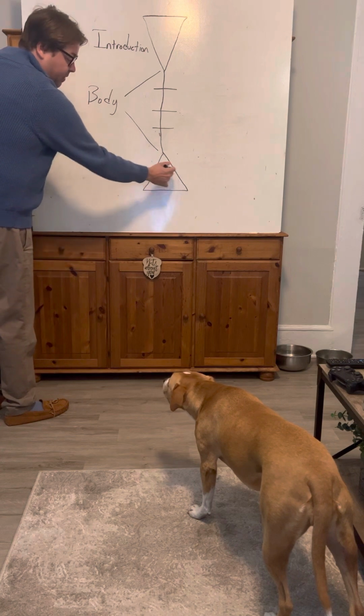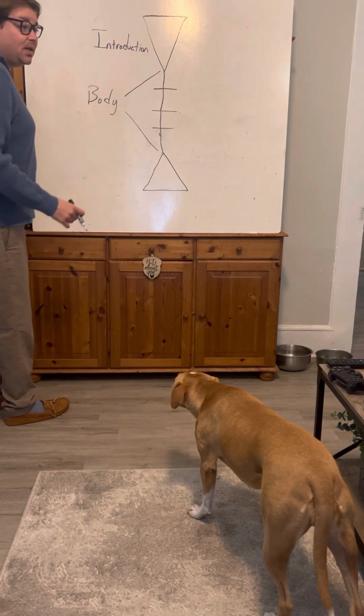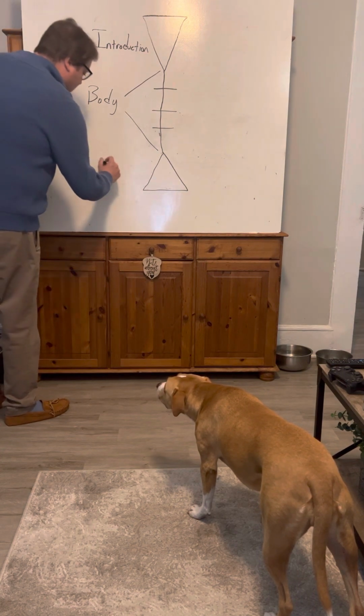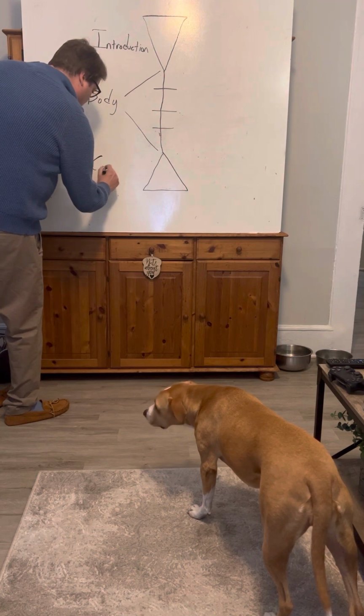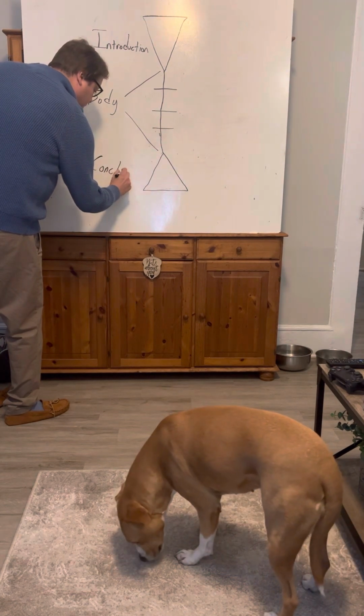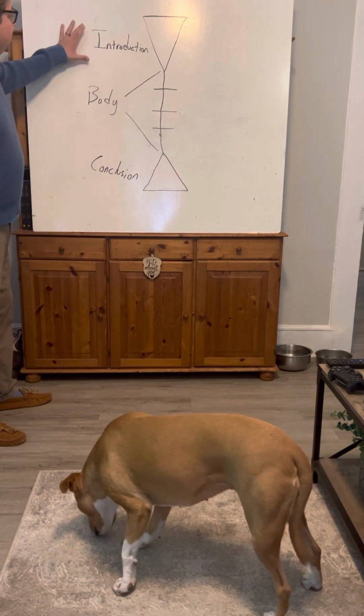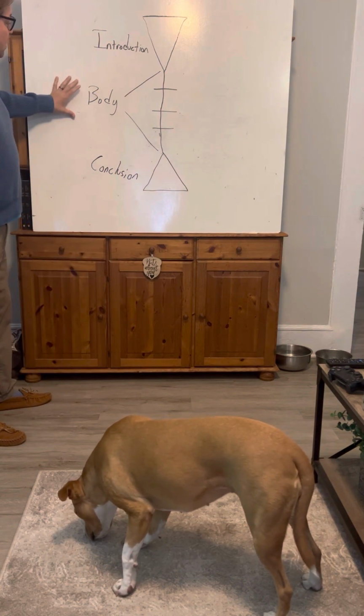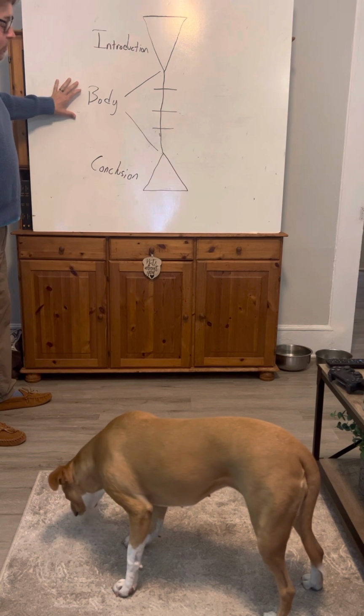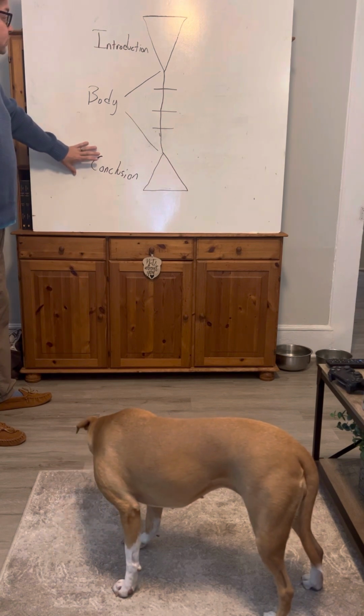Finally, our pyramid down here, the right side up facing triangle, is going to be our conclusion. So we have an introduction, the body of our paper, and our conclusion.